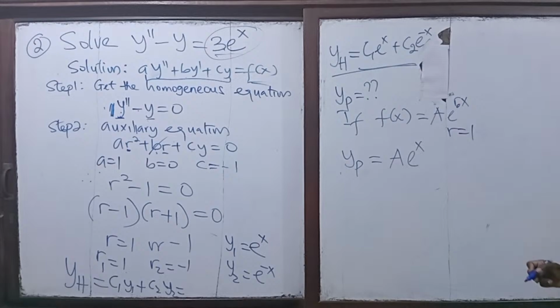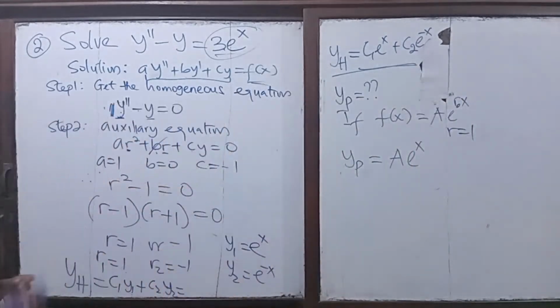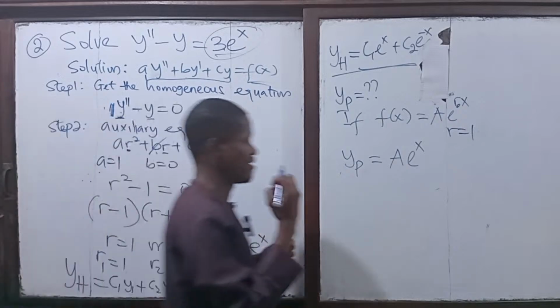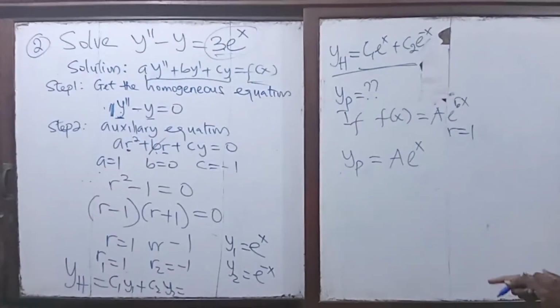Then you now check the roots of the auxiliary equation, the solutions of the homogeneous part, r1 and r2. Is there any one among them that is 1?